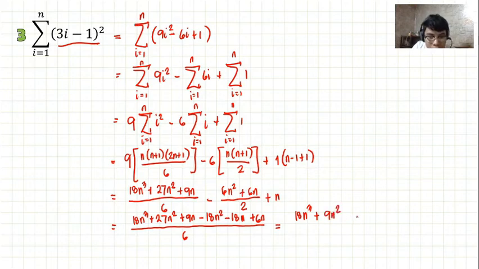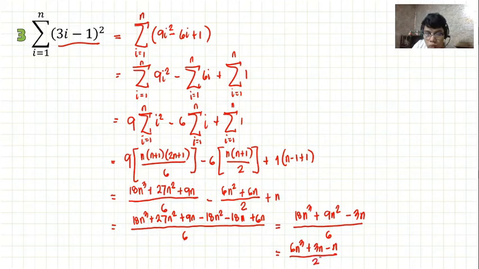Then 9n minus 18n plus 6n, so that is minus 3n, right? All over 6. Simplified form, that will be divided by 3. Reduce this one. So this is 6n cubed plus 3n squared minus n all over 2, 3n squared. Okay, so this is now your final answer. Okay, so I hope that is clear.